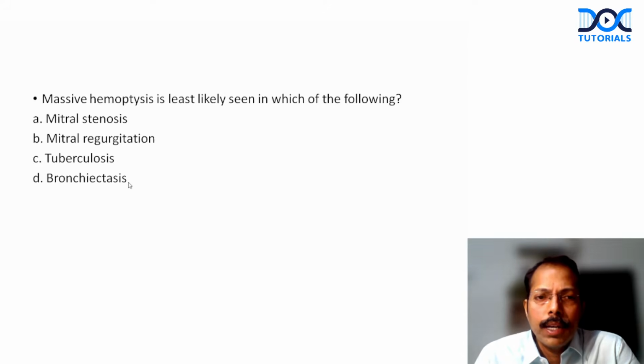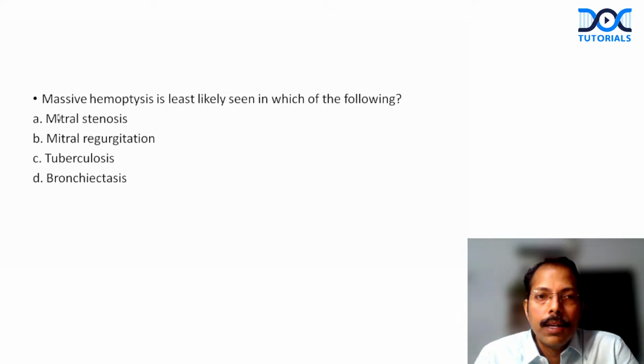And bronchiectasis may also tend to cause a massive hemoptysis. And the remaining options left were mitral stenosis and mitral regurgitation. So again, this is a repeat question, has been discussed in our classes, and the table has been given in Schwartz clearly.